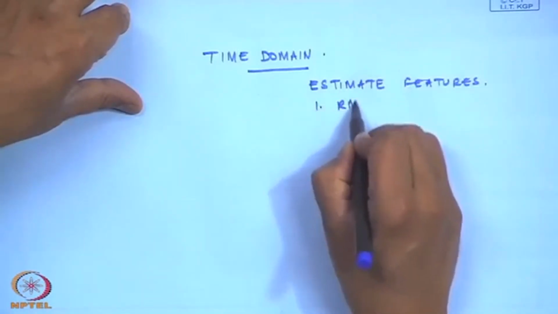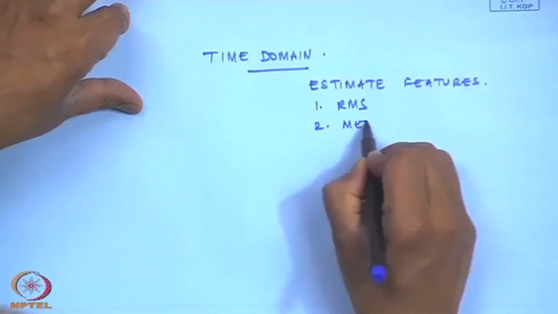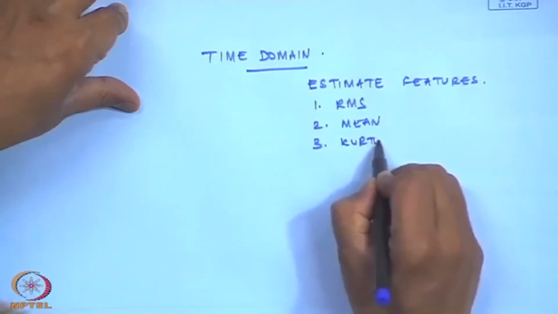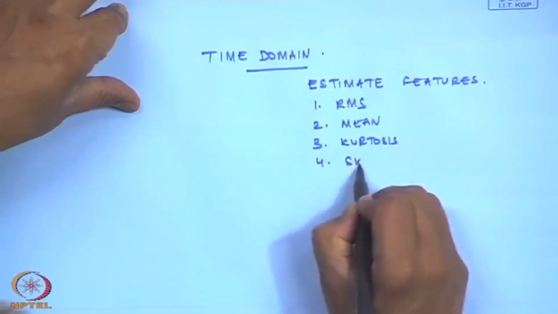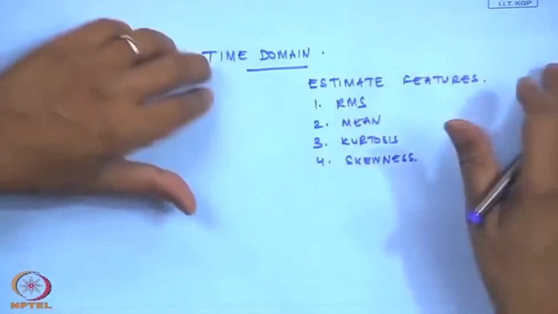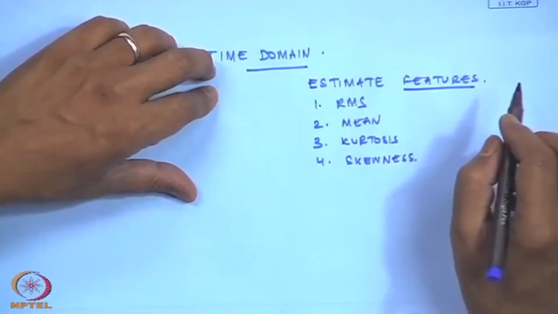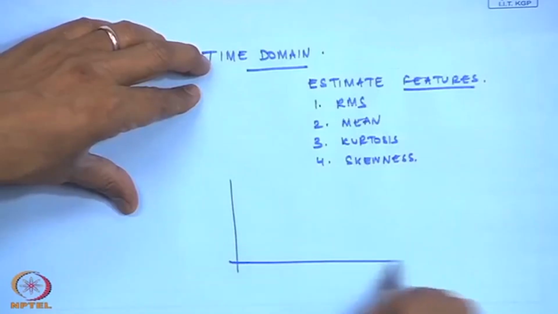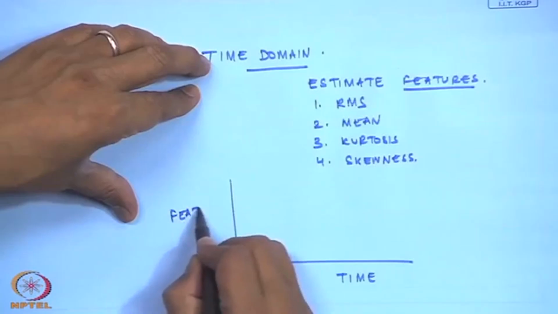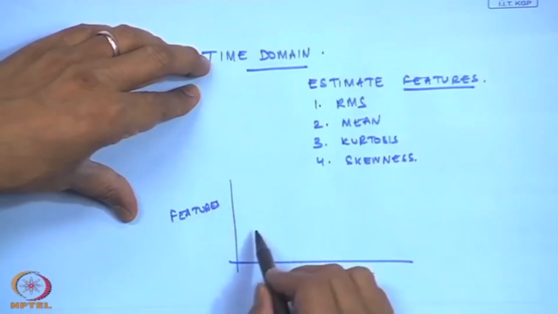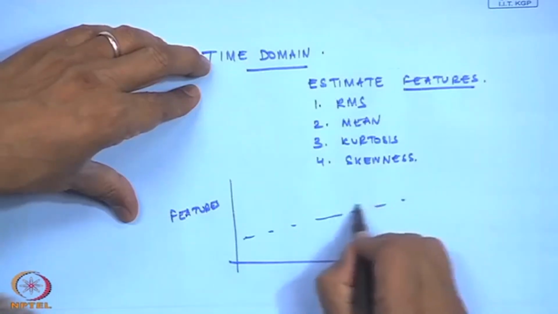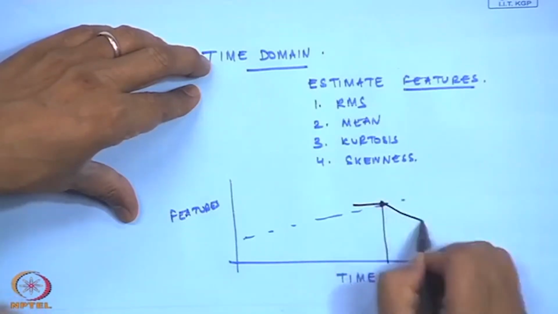One, of course, the RMS, the mean, okay, the kurtosis, skewness, etc. Earlier we were told there are about 20 different features which we can find out, and then of course we can always trend these features with time. Okay, and then this may be increasing with time, and there will be a level at which I will know this is an alarm point.